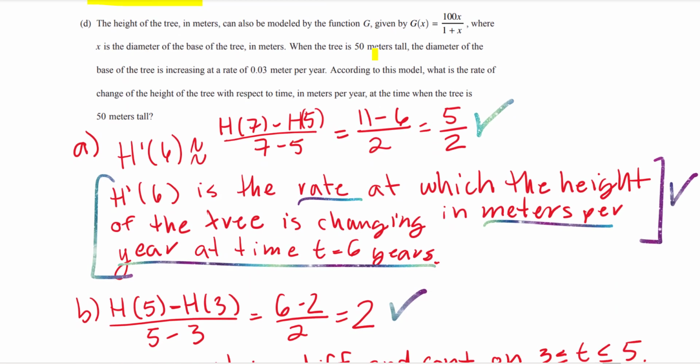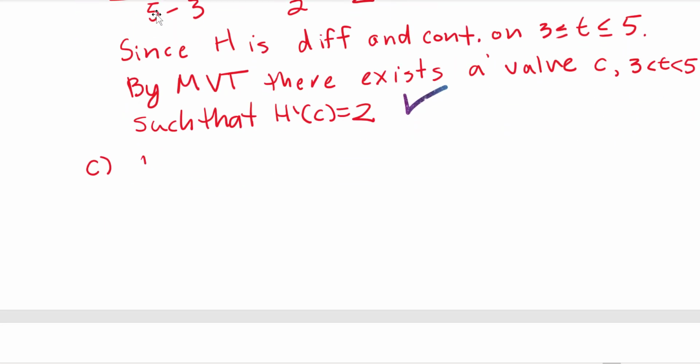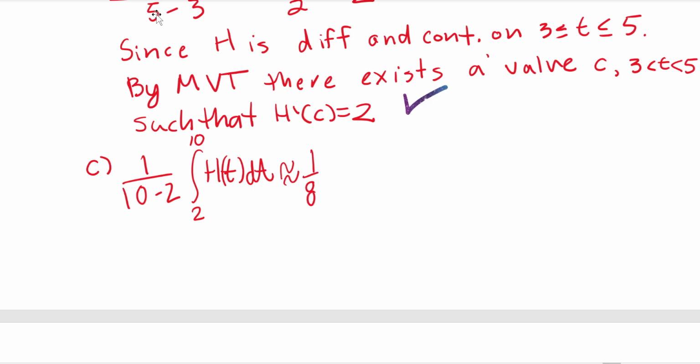So the average height is going to be 1 over 10 minus 2 times the integral from 2 to 10 of h of t dt. Now we want to use trapezoid to approximate this, so it's going to be 1/8 from the fraction right here. And then we're going to have to do our trapezoid method.